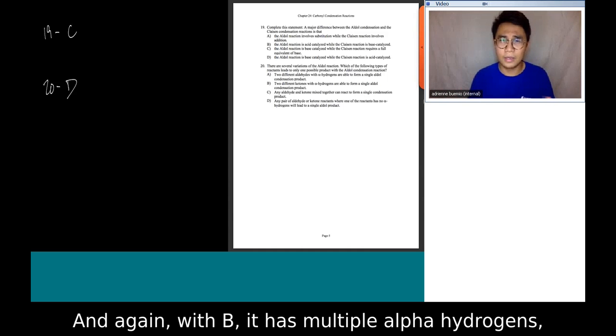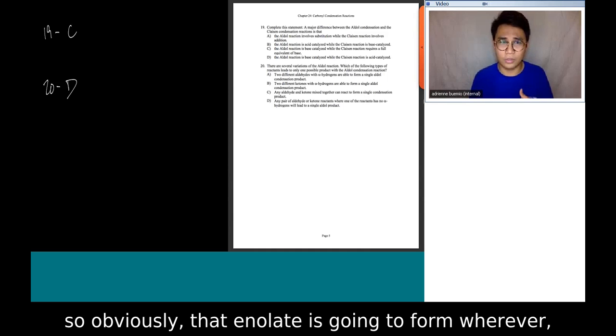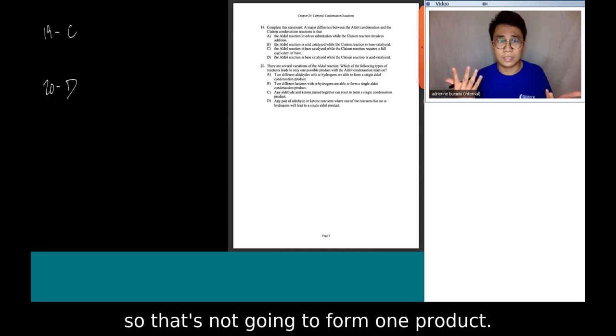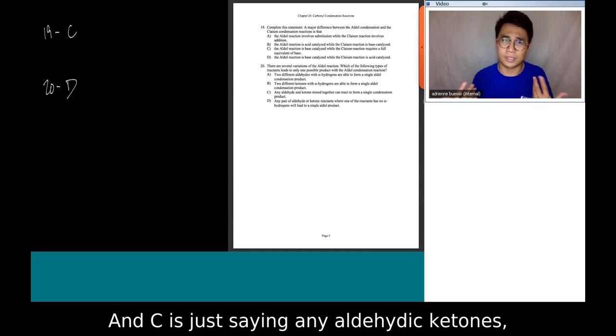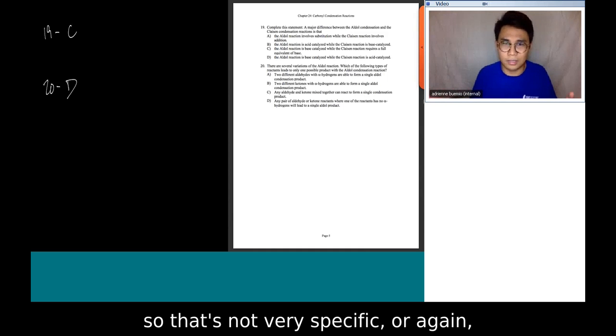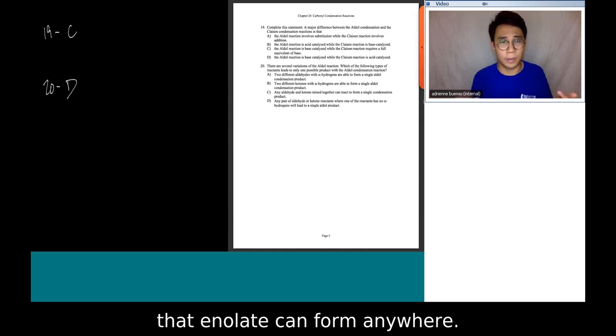And again, with B, it has multiple alpha hydrogens, so obviously that enolate is going to form wherever, so that's not going to form one product. And C is just saying any aldehyde or ketone. So that's not very specific, and again that enolate can form anywhere, right?